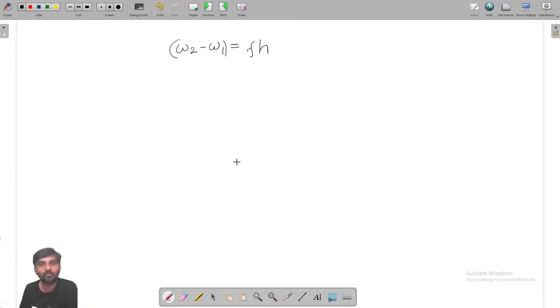So can I write W as Q into E? Yes or no? So HF is equal to Q into E. So this can also be written as 1.602 into 10 to the power of minus 19 coulombs into E2 minus E1.